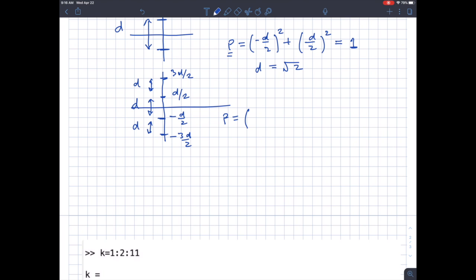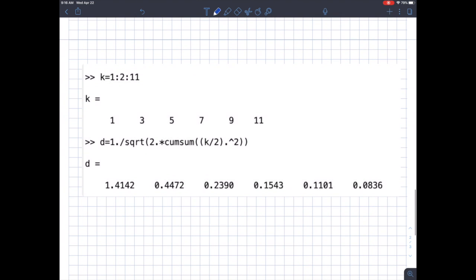You could collapse this down, using symmetry, to 2 times d over 2 squared plus 3d over 2 squared. We can normalize that, set it equal to 1, and solve for d. If you do that, you get d equal to 0.4472.